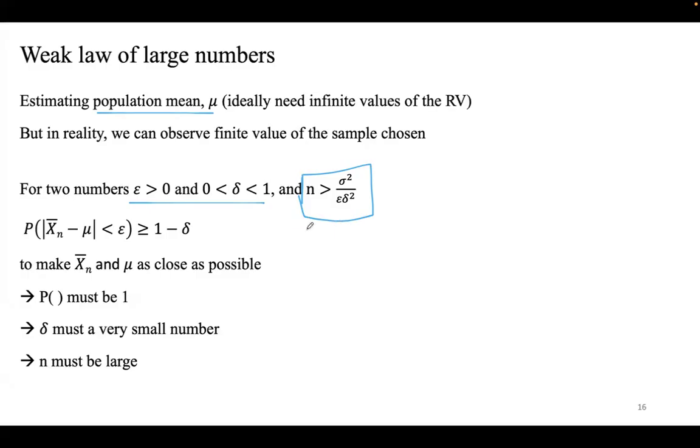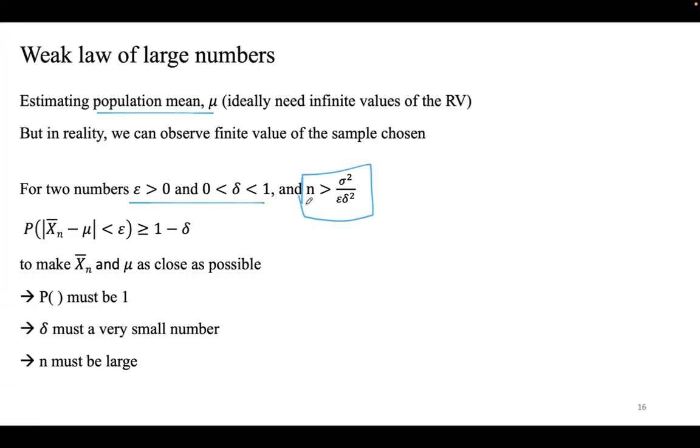Epsilon small value, delta small value. Both of these would mean n has to be bigger than this formula. So n will have to be a very big number. If you can have n as a big number, great. If not, then you would have to have delta not being a very small number. That's just how it is. You cannot have delta super small and also not have a lot of n's.